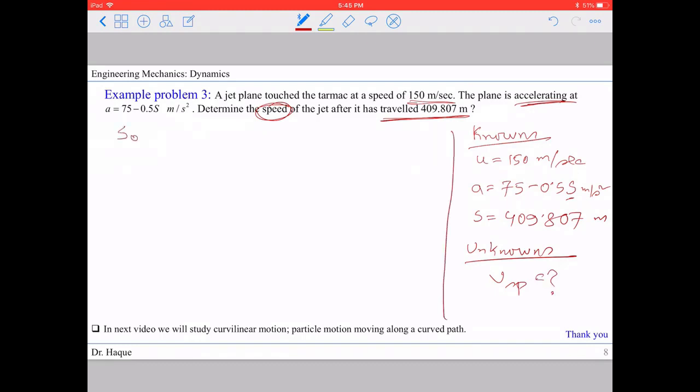Now the solution. We see that the acceleration is again a function of displacement s. In the first problem we had the acceleration as a function of velocity. Now it is a function of s. So we know that it's a changing motion.